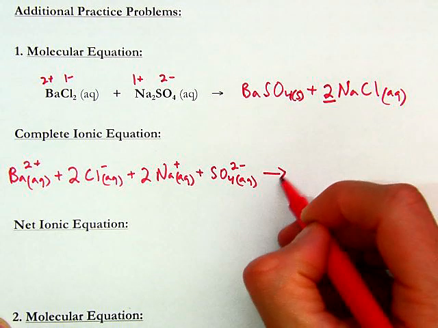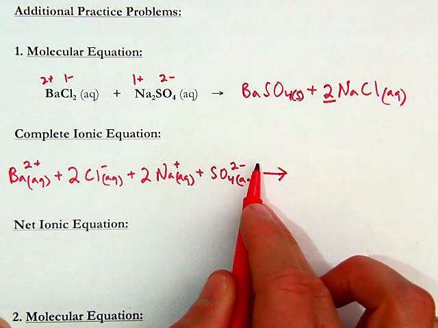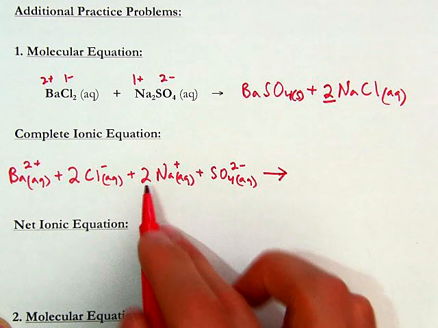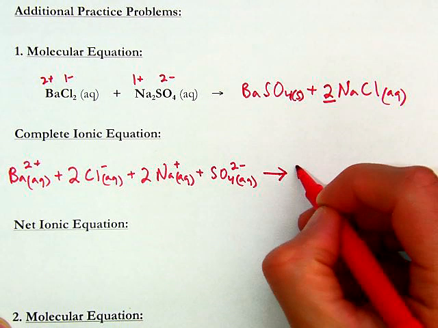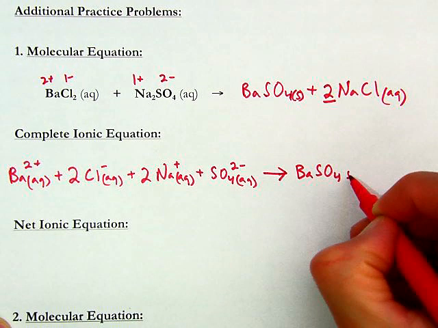Those are our reactants. Okay, notice, I have the charge of every ion, I have the state of every ion, AQ, AQ, AQ, and I have coefficients for how many of them I have. The solid does not get broken down into ions because it's a solid.